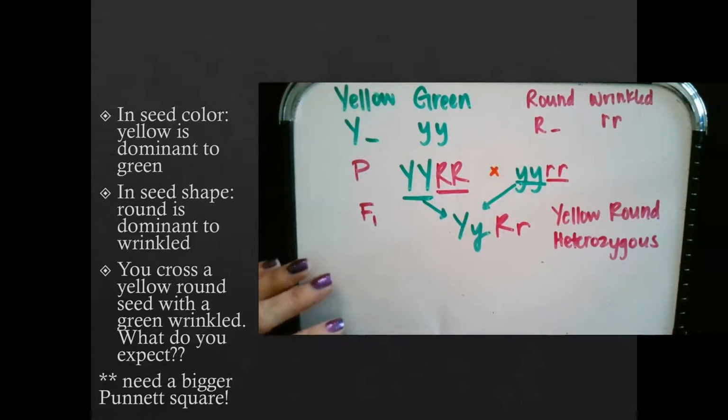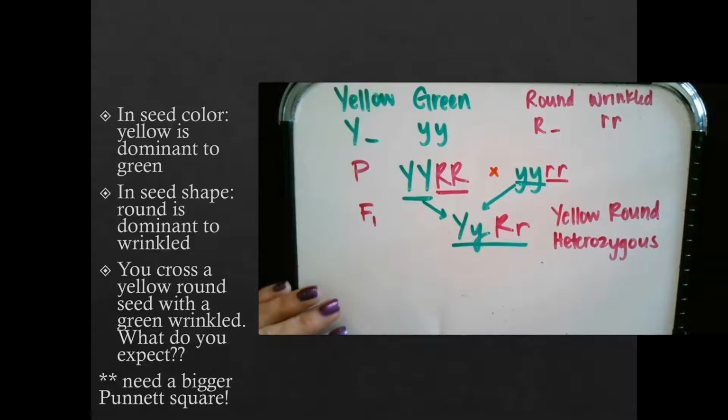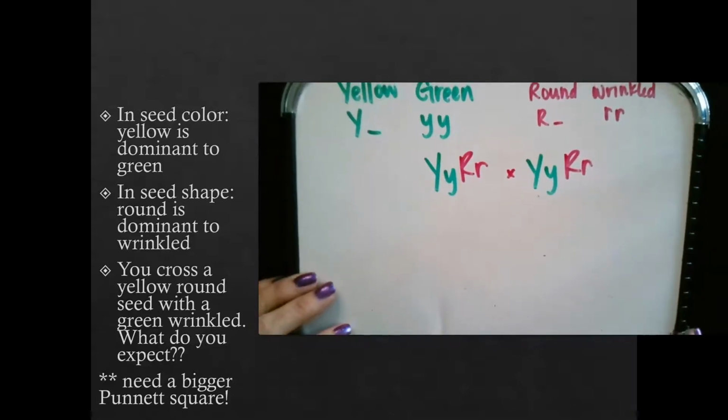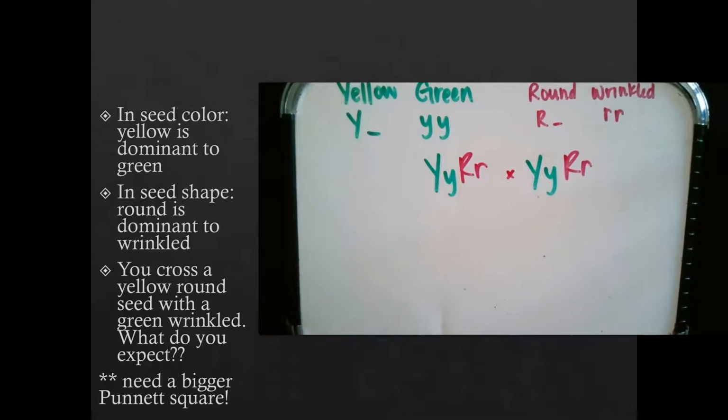In our next generation, we want to take this offspring and see what happens when they cross. So we have our heterozygotes crossing. Now the first thing we need to do is determine what our possible allele combinations are. And to do this, you basically FOIL.